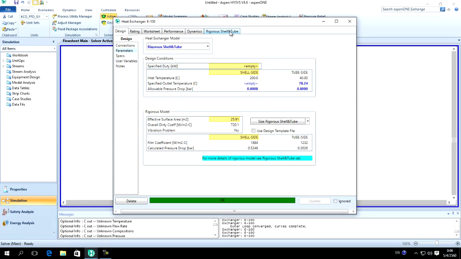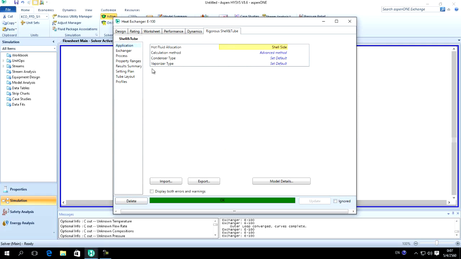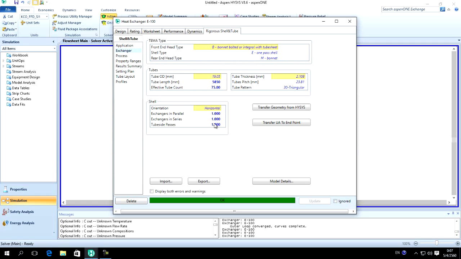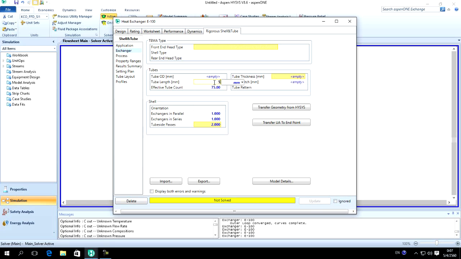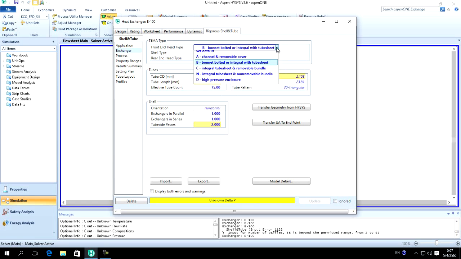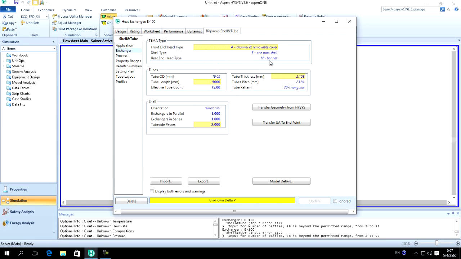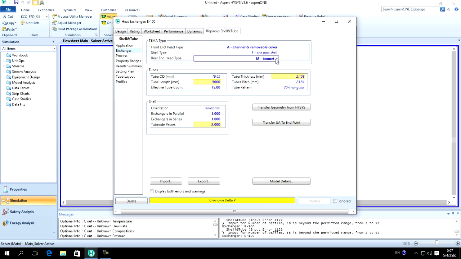And then you can take a look at this tab, changing to what we want, like 2 pass and 5 meter long, with the AEL type.